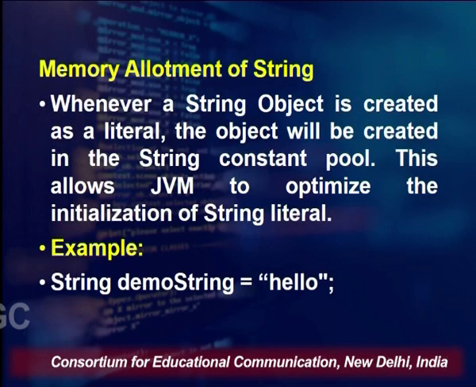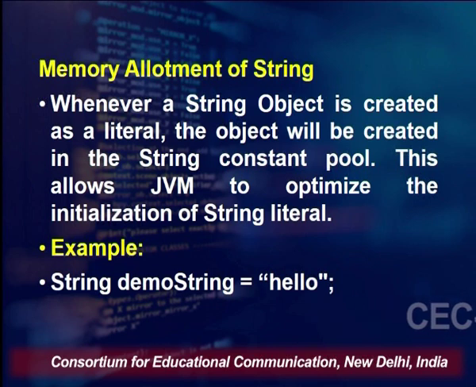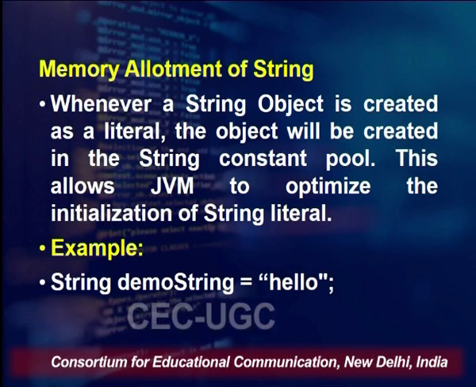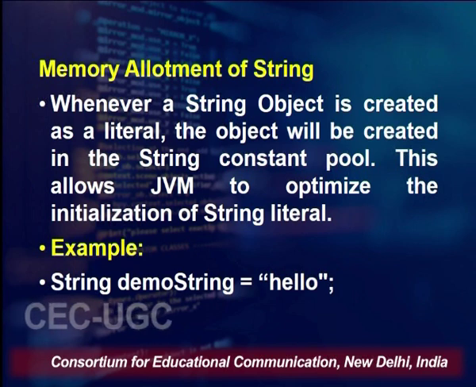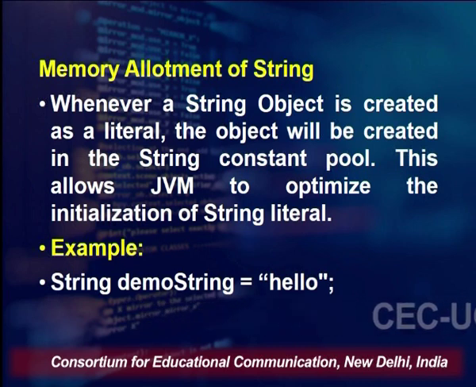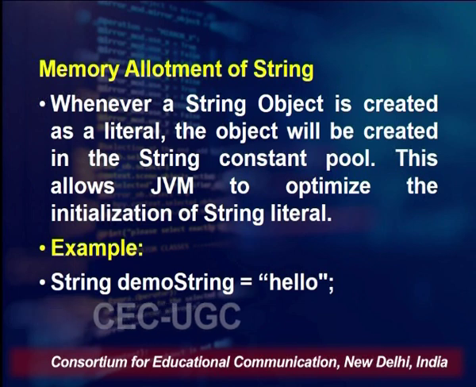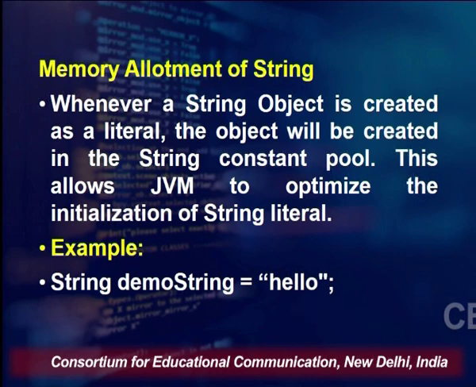Now, memory allotment, if we look into the details: whenever a string object is created as a literal, the object will be created in the string constant pool, and this will allow the Java virtual machine to optimize the initialization of the string literal. For example, in the previous example String demoString equals hello, in this situation no new object is being created, but we are using it as a literal.